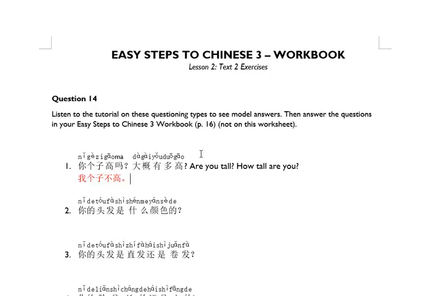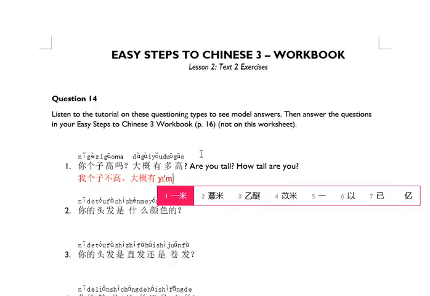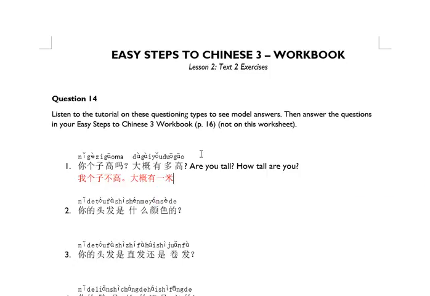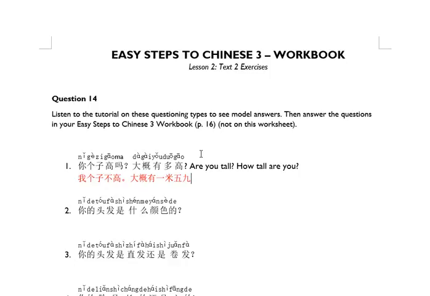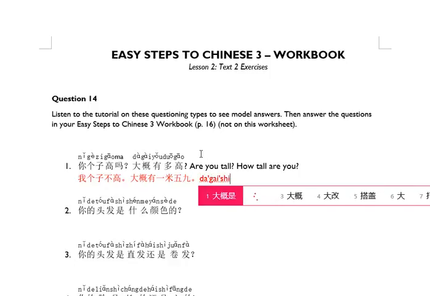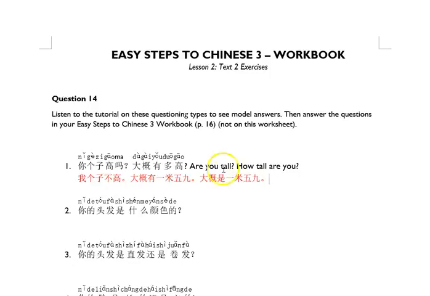Now here, 大概有多高? How tall are you? So I would say 大概, probably or approximately, 有一米59. Now I have to write the numbers. Now it would not be correct to write it like this, because this word here cannot be used.